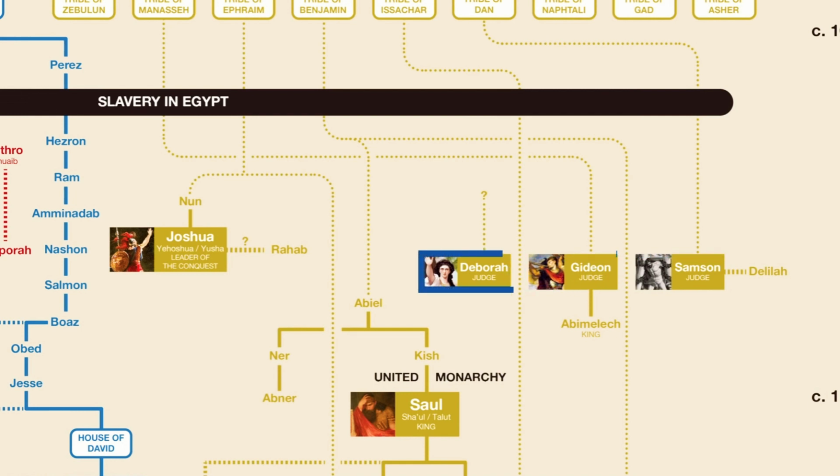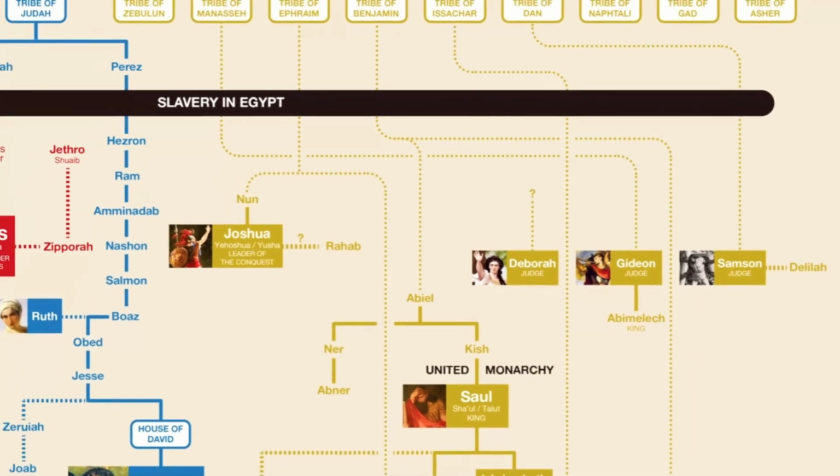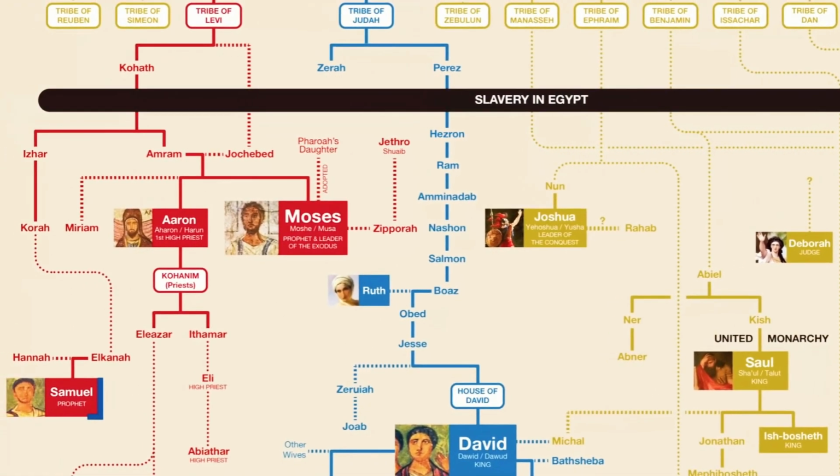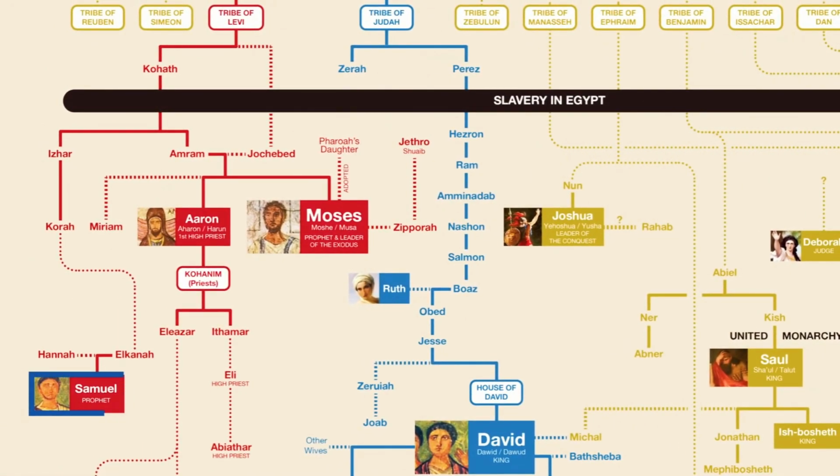Deborah is important because, according to biblical scholars, a portion of the book of Judges, called the Song of Deborah, is thought to be the oldest layer of text in the entire Bible.